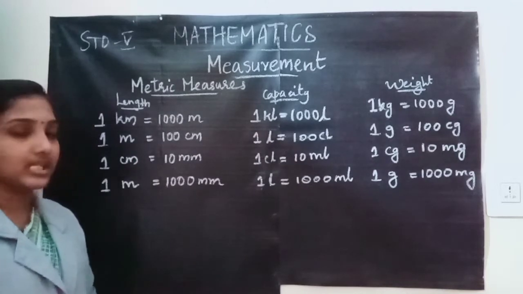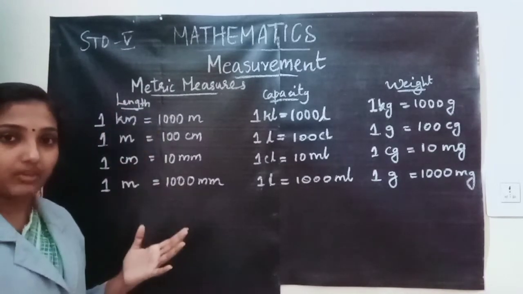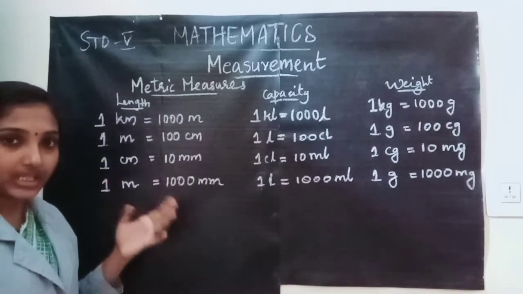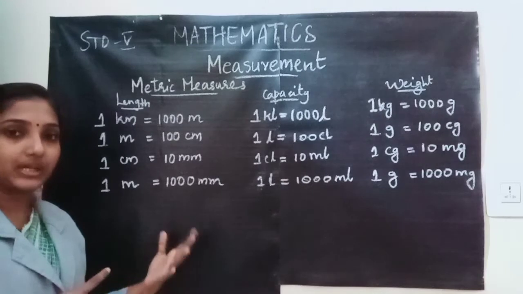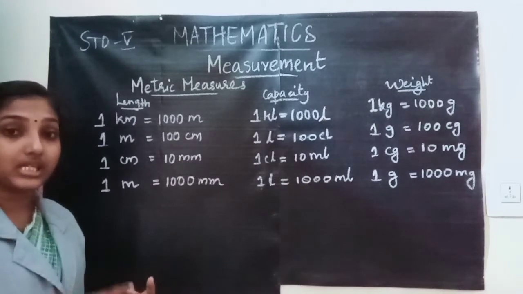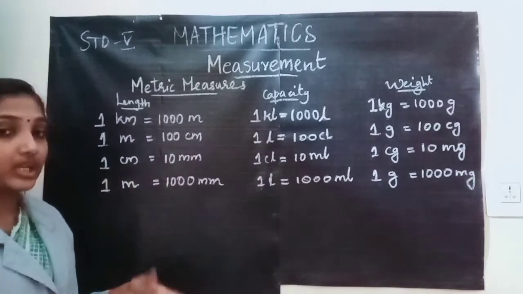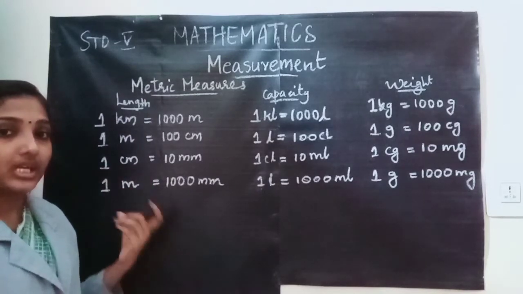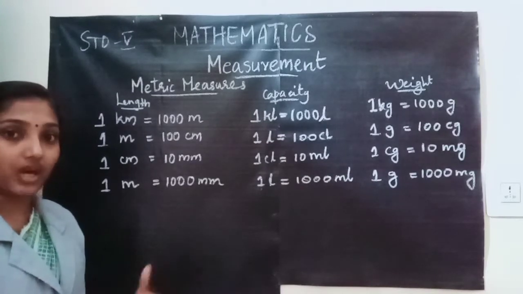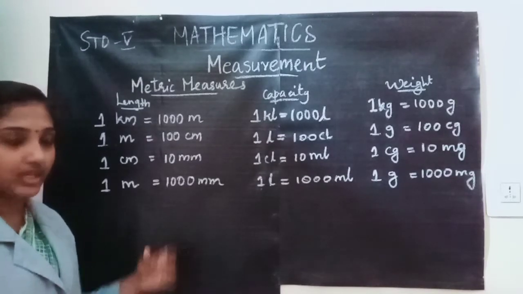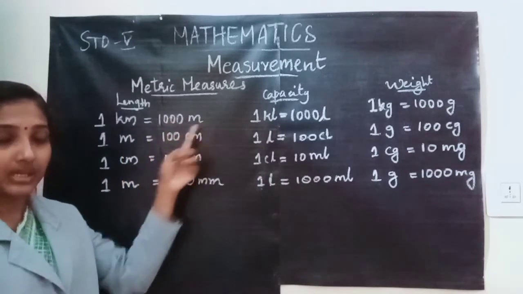So here it is, the units of measuring length. For measuring the length, we have the units kilometer, hectometer, decameter, meter, decimeter, centimeter and millimeter. Right. So here in the metric measures, some units are equal to other units, and how much it is equal, we are going to check. 1 kilometer is equal to 1000 meters.